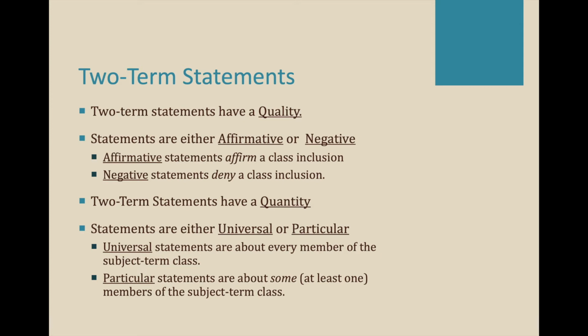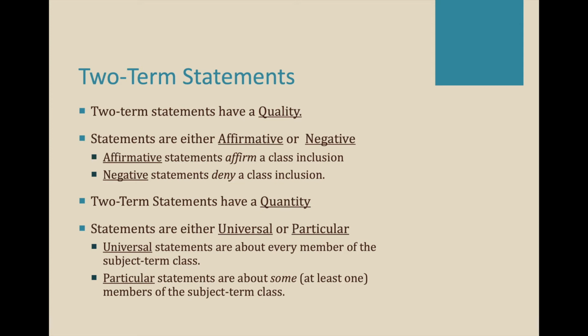And so particular statements are statements about some members of the subject term class. It says, in other words, and our example was a particular affirmative, a particular statement says, some members of the subject term class are also included as members of the predicate term class. That would be a particular affirmative.